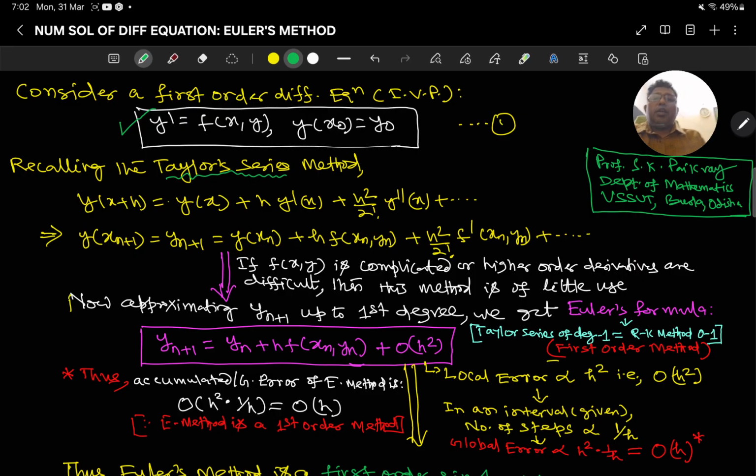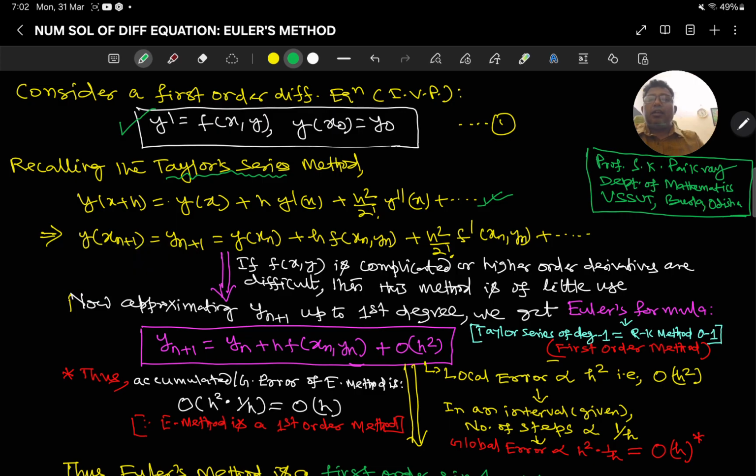In view of the Taylor series method, we have the solution y(x+h) = y(x) + h y'(x) + h²/2! y''(x).